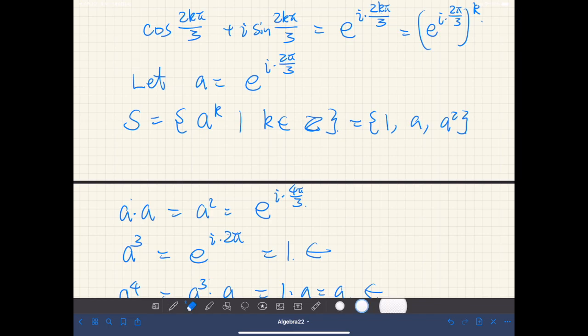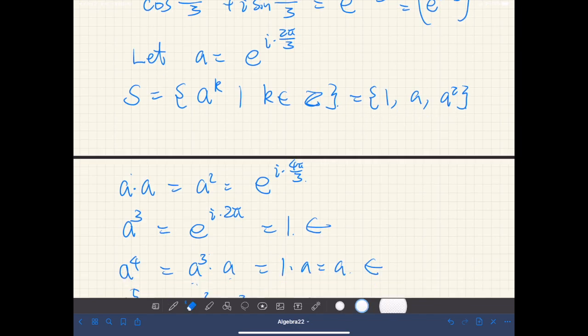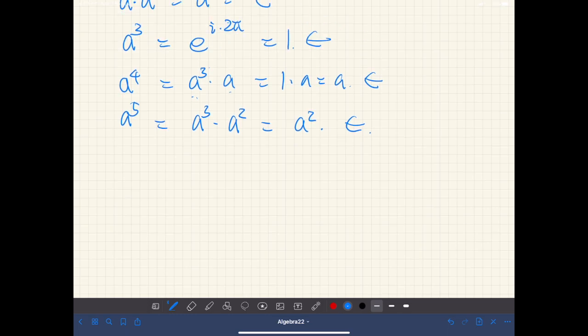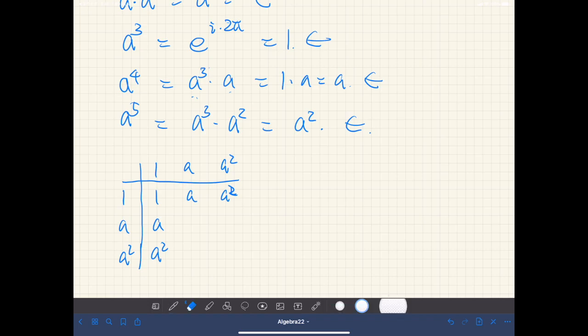So if this is a group, then its order is 3. Let's show this is a group. It's a multiplicative group, so we make the Cayley table. 1 times 1 is 1, 1 times a is a, 1 times a squared is a squared. a times a is a squared, and a times a squared is a cubed, which is equal to 1.